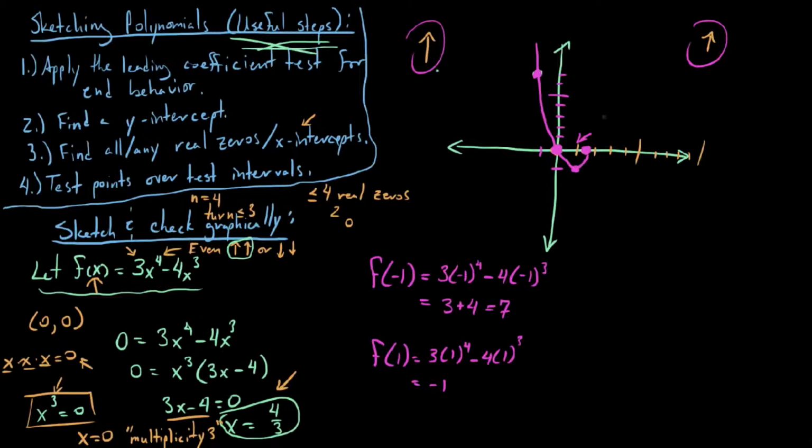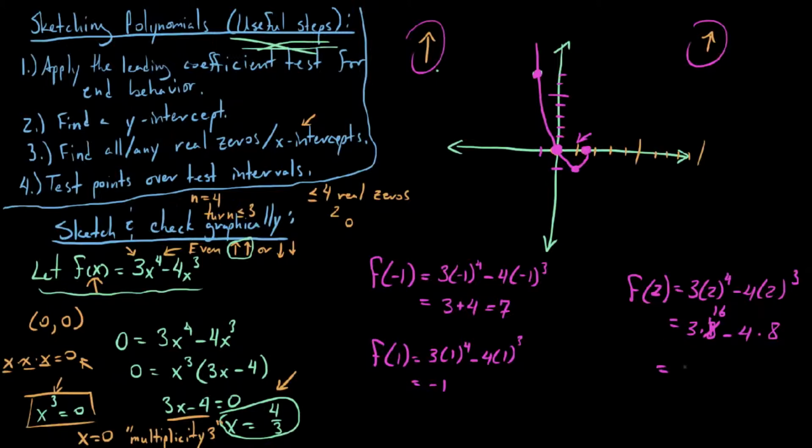So, it does go back up, but just to be certain how it does so, let's plug in the x value 2. The reason why is just to see what kind of a height we would be at. So we have 3 times 2 to the 4th, minus 4 times 2 to the 3rd. Pardon me, 2 to the 4th is 16.